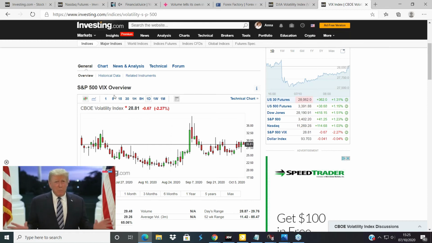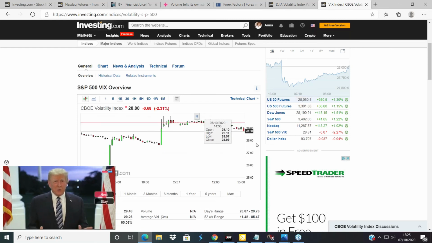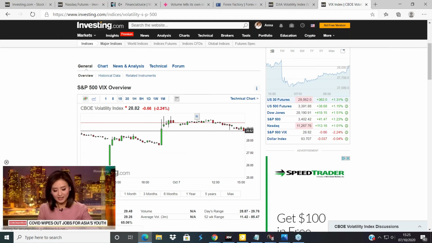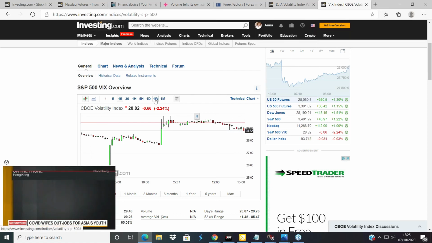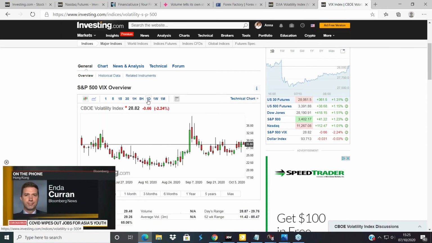When the markets refer to the volatility index, they tend to refer to the VIX, and you can have this in multiple timeframes. And what you want to see is if the market's going to go higher, you actually want to see the VIX fall. And once it starts to rise, then the markets are likely to be reversing. So interesting point for the markets.